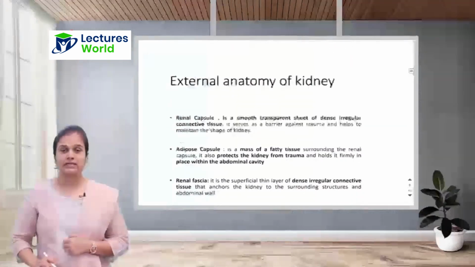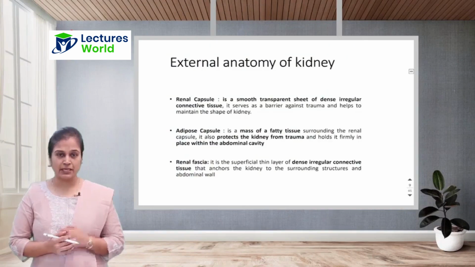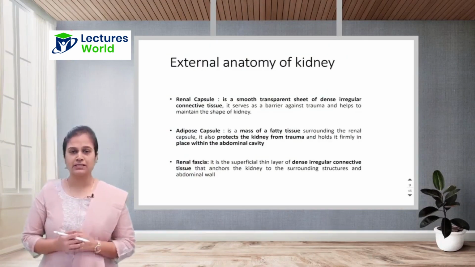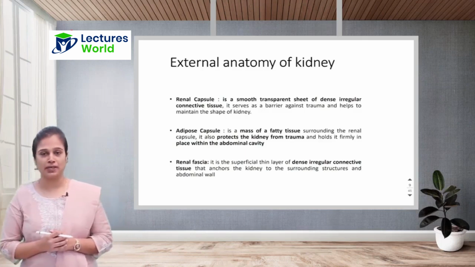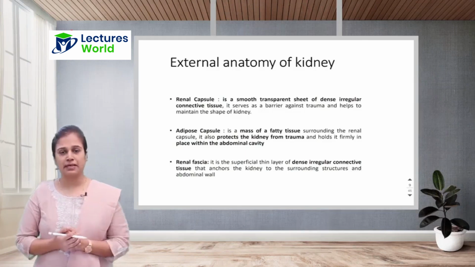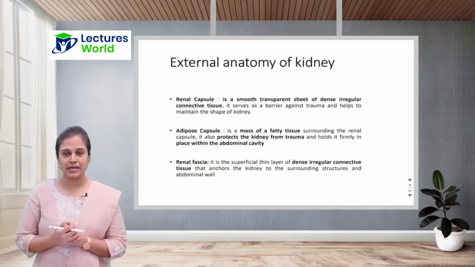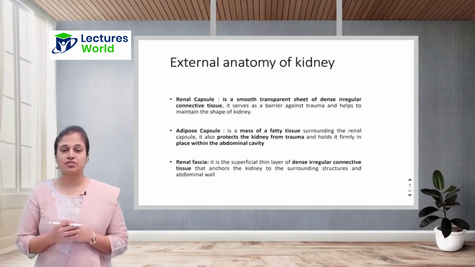In more detail, the renal capsule is a smooth, transparent sheet of dense irregular connective tissue. And what is the function of that capsule? It protects against trauma and helps to maintain the shape of the kidney.